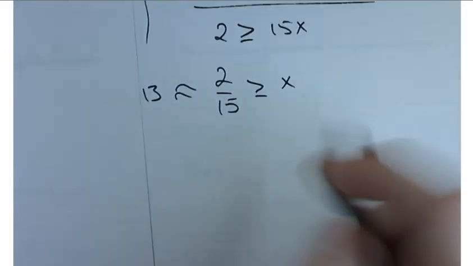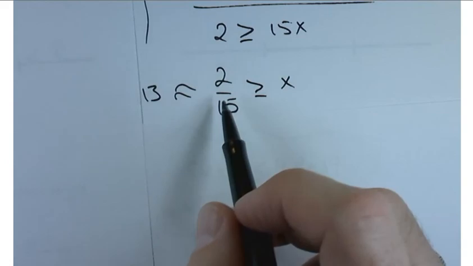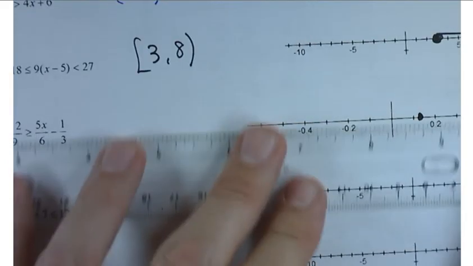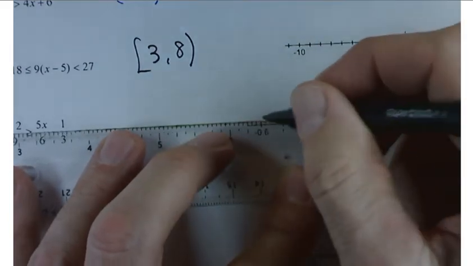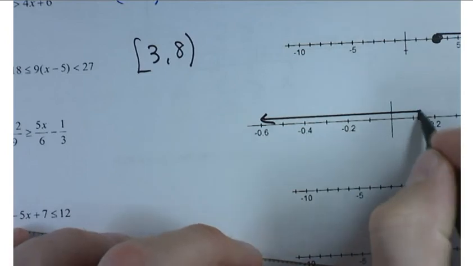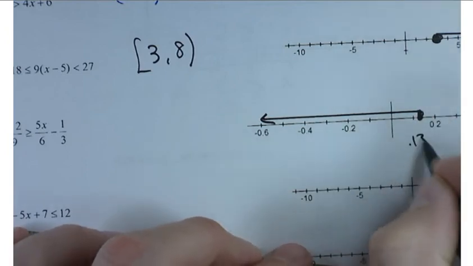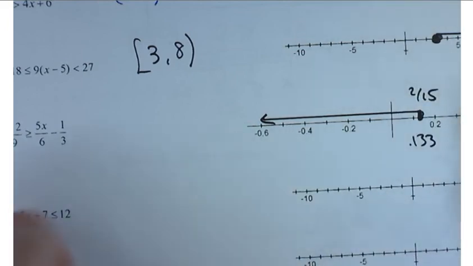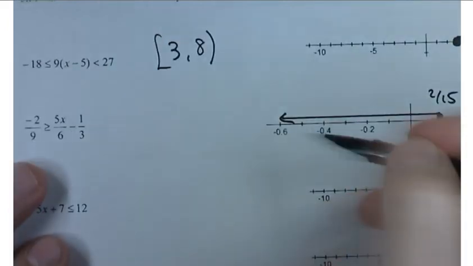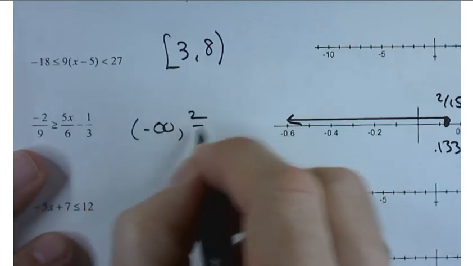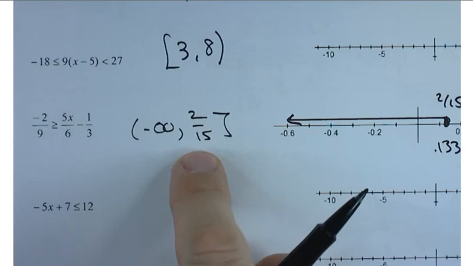This is smaller than this, so the arrow is going to go to the left. So 0.133, or better yet, 2/15. Last but not least, the interval notation. Left-hand endpoint to right-hand endpoint is going to be negative infinity to 2/15. I'd much rather have the fraction as opposed to the decimal.